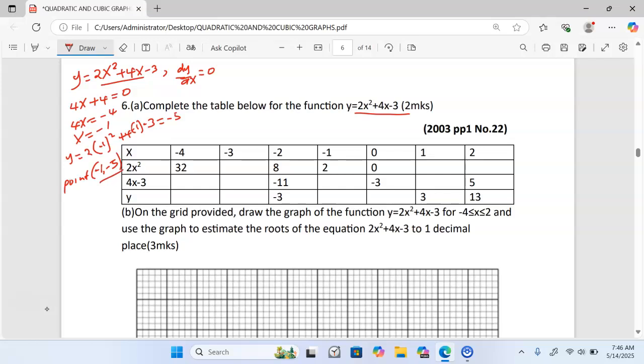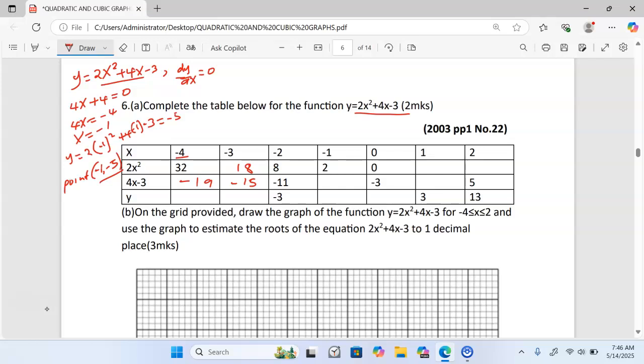When we have x = −4, then we are going to have 4 times x, which is −4, minus 3, giving us −19. Then when x is −3, 2x² is going to be 18 here. And when it is −3, then 4x − 3 is going to give us −15.